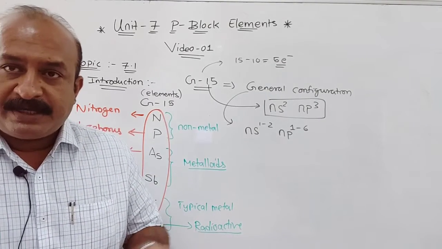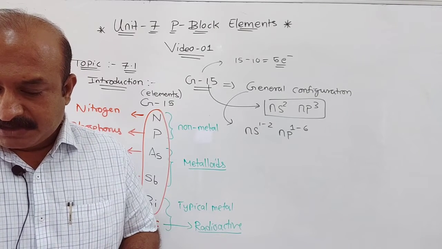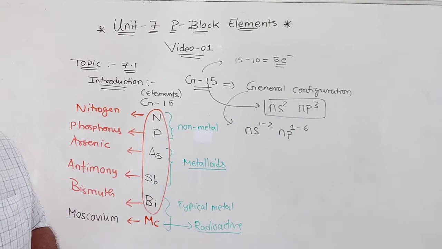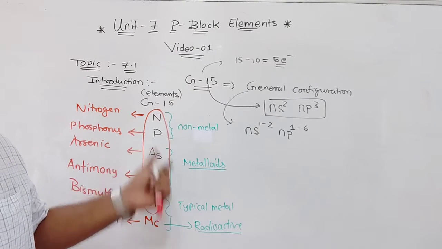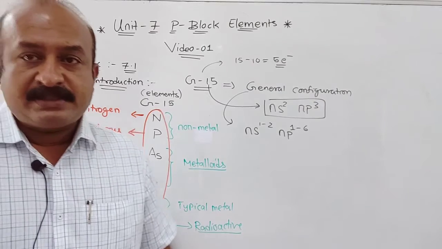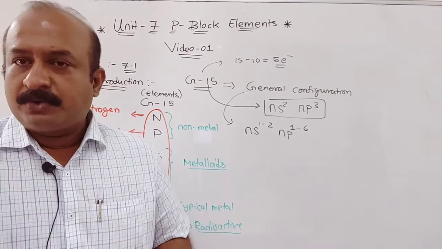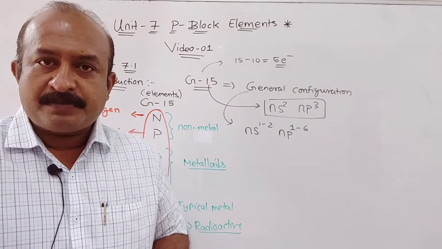One nice example is given: phosphorus is an essential constituent of animal and plant matter, and it is present in the bones. In our bones calcium phosphate is there. Understood? Many things are given, so go through it; it is very informative.